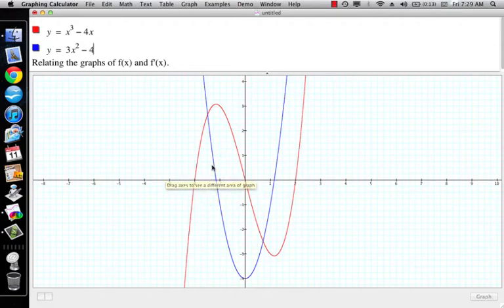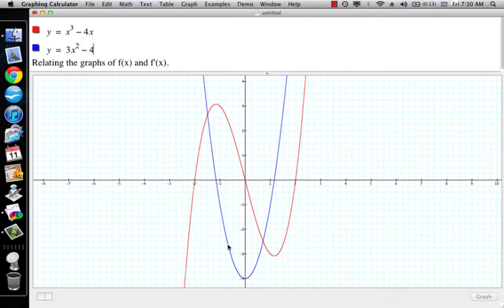Okay, so let's look at regions on the blue graph. In this region here, the blue graph is positive. In this region here, the blue graph is negative. And in this region here, the blue graph is positive again. So that means that in this region, the red graph has a positive slope, which means that it's going up.